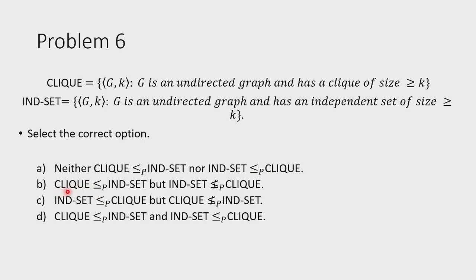The second: clique is polynomial time reducible to independent set, but independent set is not polynomial time reducible to clique. The third: independent set is polynomial time reducible to clique, but clique is not polynomial time reducible to independent set. The fourth: clique is polynomial time reducible to independent set, and independent set is also polynomial time reducible to clique. Would anyone like to guess the answer?